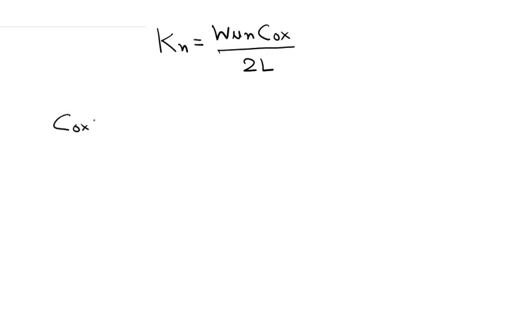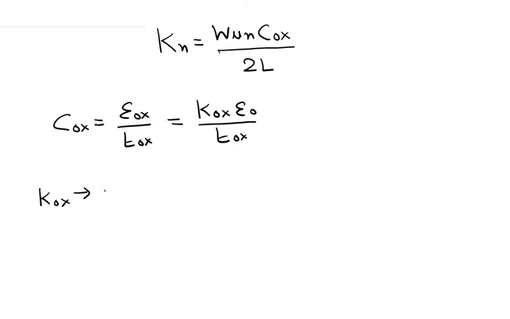So Cox is equal to epsilon ox by Tox, where Tox is the oxide thickness, just as we discussed last day, and epsilon ox is the permittivity of the oxide, and epsilon ox is equal to Kox epsilon 0, where Kox is the relative permittivity of the oxide.